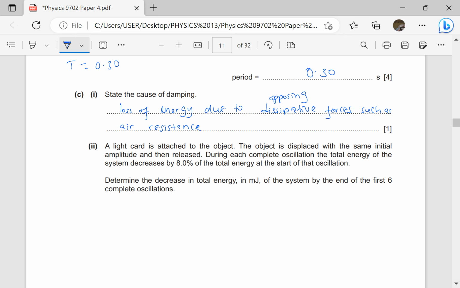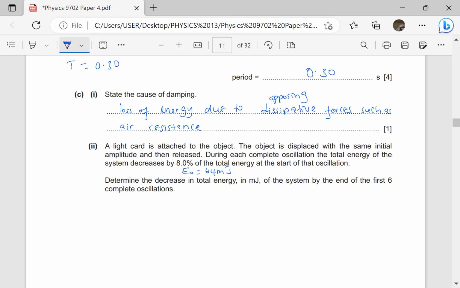During each complete oscillation, the total energy of the system decreases by 8% of the total energy at the start. So I'll just select the total energy at the start to be E naught, but we know it was 6.4 millijoules from the graph. So energy after 6 oscillations is going to be, of course, energy after every oscillation decreases by 8.0%.